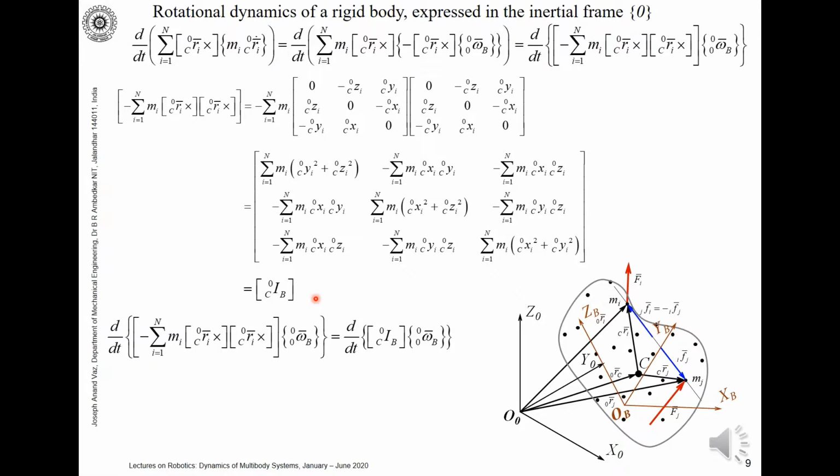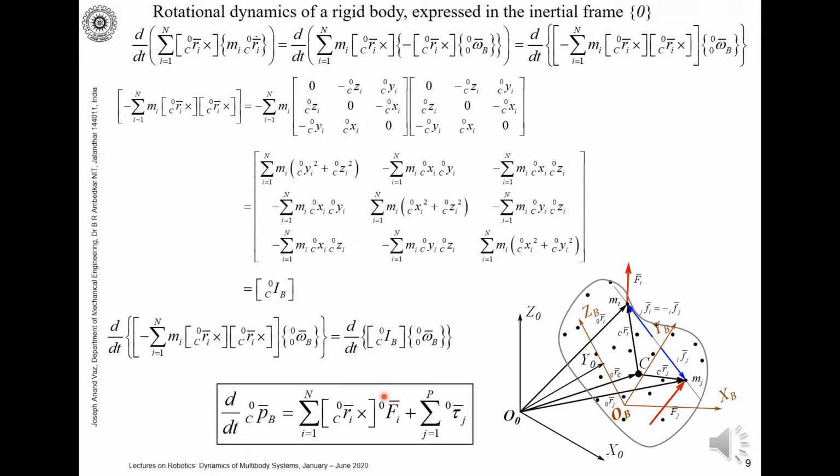We will discuss how the inertia tensor can be considered when there is a change of orientation. For now, we have the rate of change of the inertia tensor multiplied by the angular velocity. That's the rate of change of the angular momentum of the body about the center of mass expressed in the frame 0.